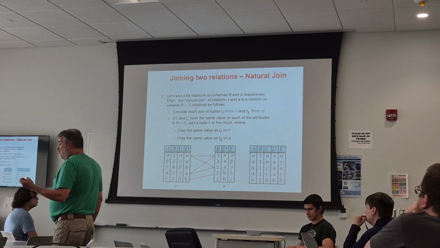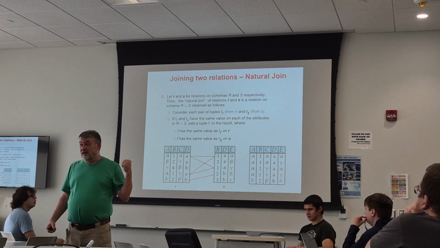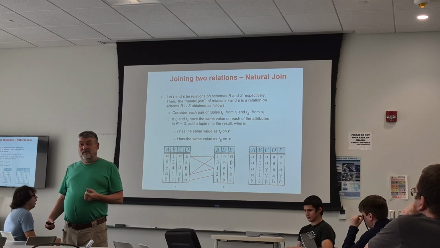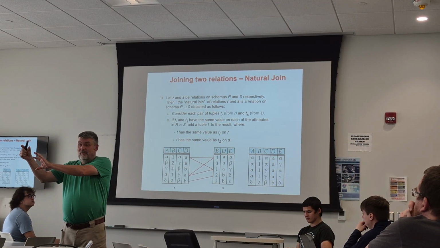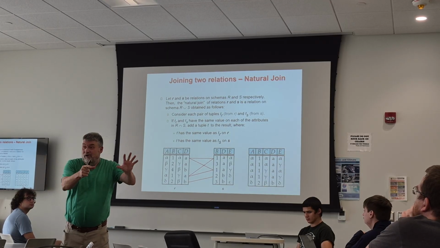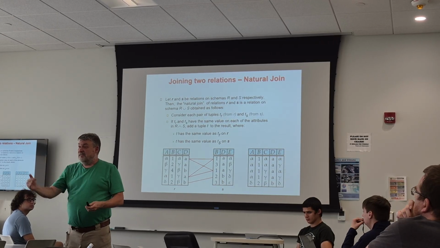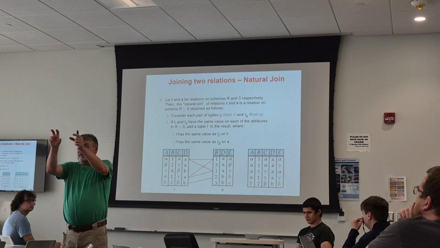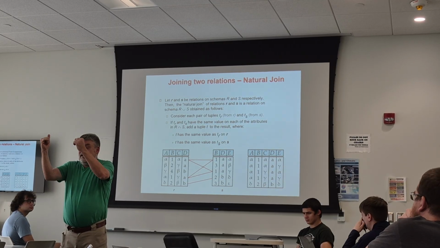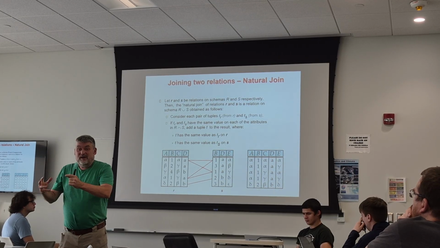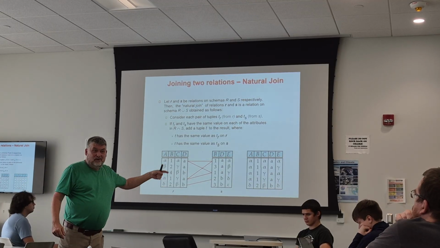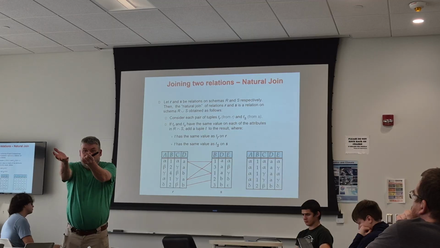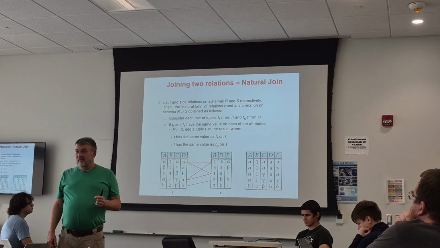And if you were the programmer who had to implement that, the code you would have to write would be: first, match every row from table R with every row from table S, and in that resulting table, go down and for these common column names, check to see if the values are the same, and if they are, then only take those rows and put them in the final table that you're going to return to the user, right?